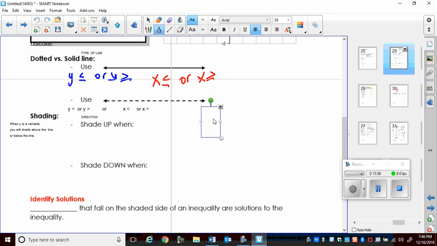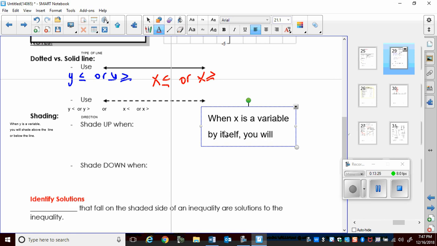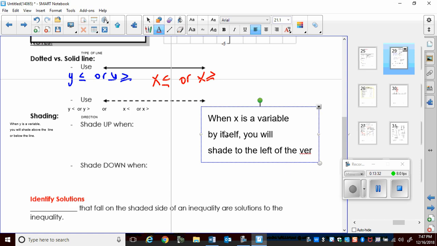Now, when x is a variable by itself, you will shade to the left of the vertical line or to the right of the vertical line.